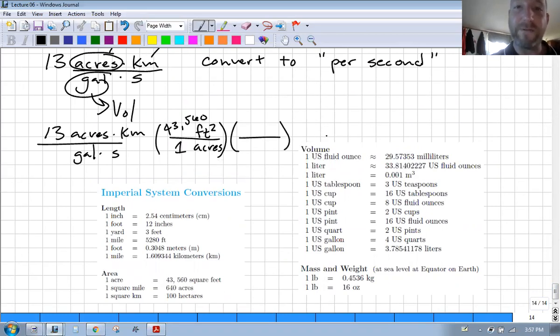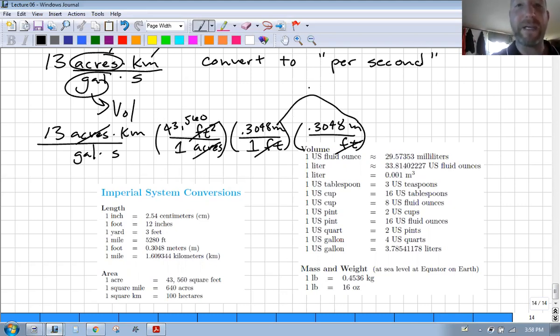Now we can get rid of the feet, turn them into meters, because 1 foot is 0.3048 meters. So look what we've done. We got rid of acres. We got rid of the feet. We have meter times meter. That's a meter squared, right?